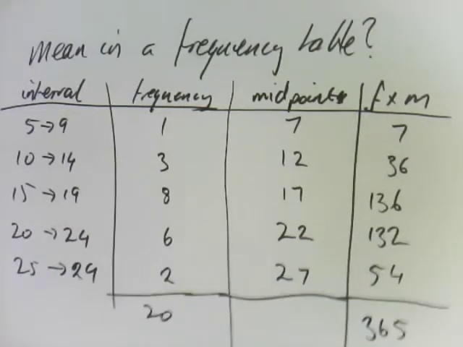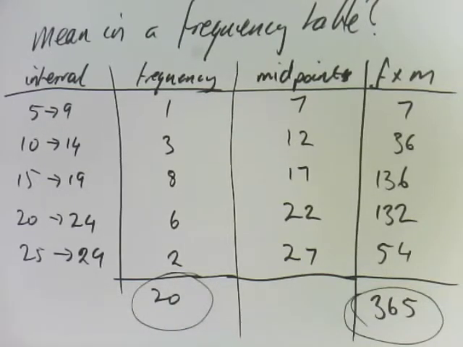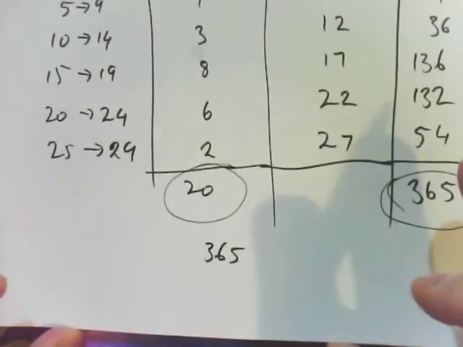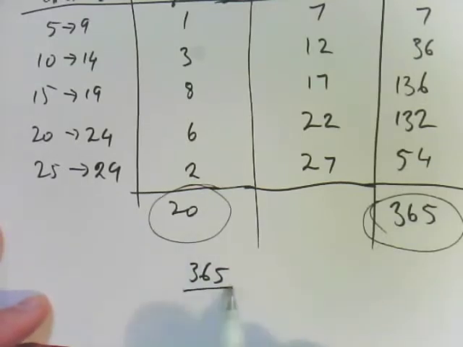Okay, so now that I have that, I've calculated the total of f times m, and I have the total frequency over here. Using those two, you can calculate the mean. All you need to do is take the total of f times m, 365, and divide that by the total of the frequency.